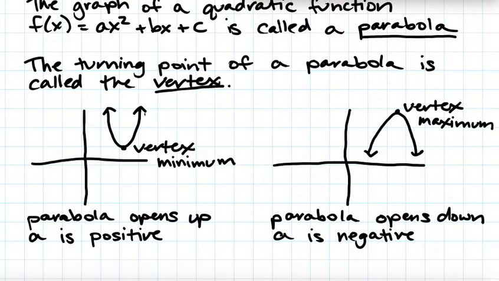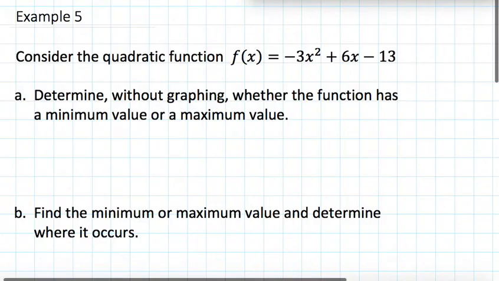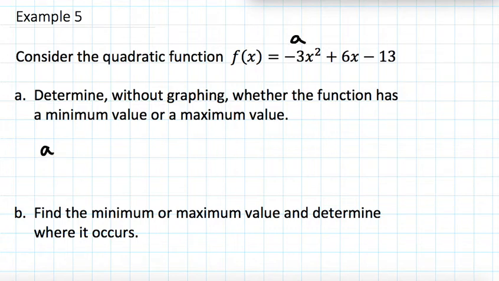So we're going to look at example 5. It says to consider the quadratic function f of x equals negative 3x squared plus 6x minus 13. And part A says to determine without graphing whether the function has a minimum value or a maximum value. So what I'm going to do to figure this out is determine whether the parabola opens up or opens down. And so I need to look at the value of a, the leading coefficient. In this case, a equals negative 3.